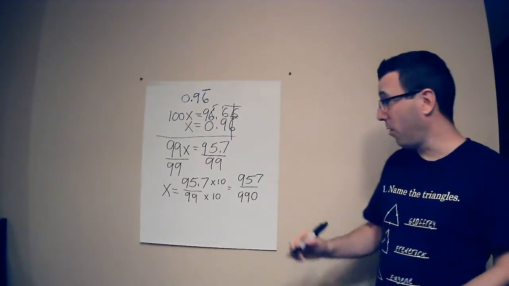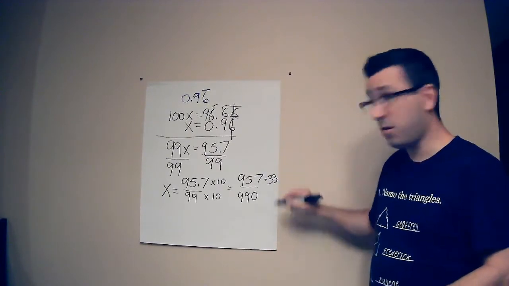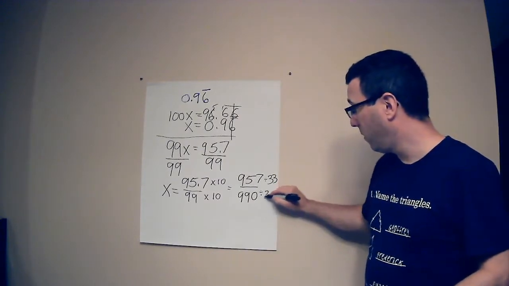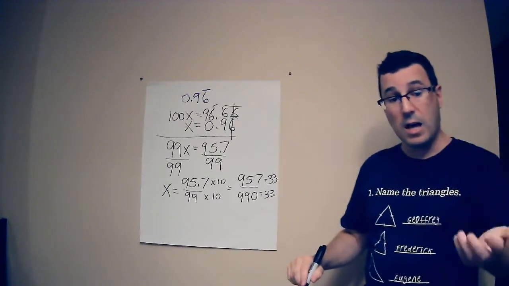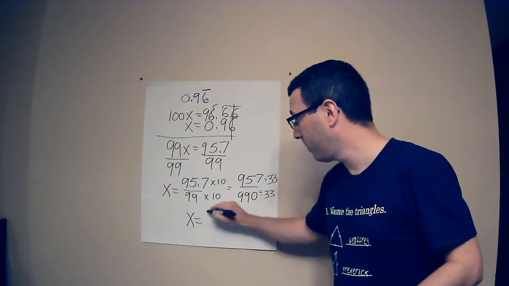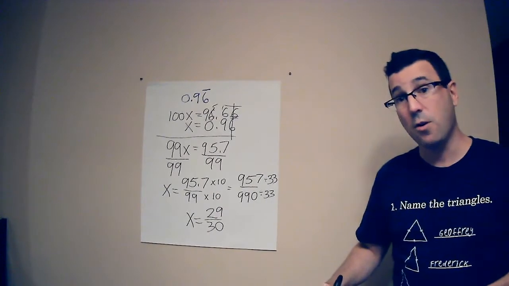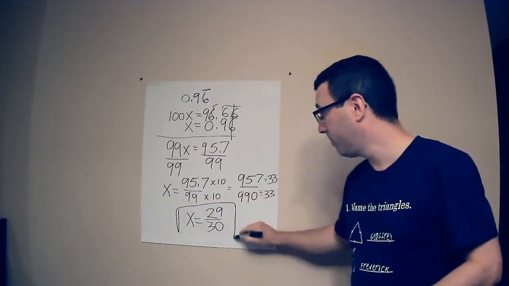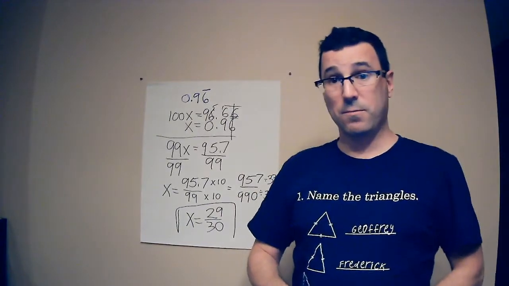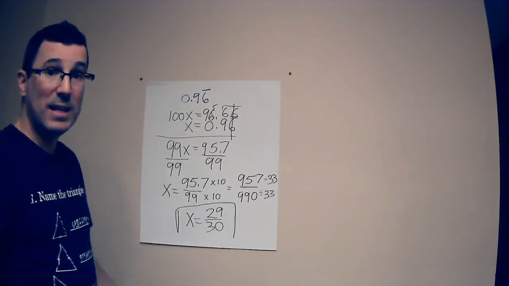What actually is going to work as the best number for this is 33, because 3 times 11 is 33. So when I divide both the top and the bottom by 33, I get 29 over 30. And that is how we convert repeating decimals into fractions.